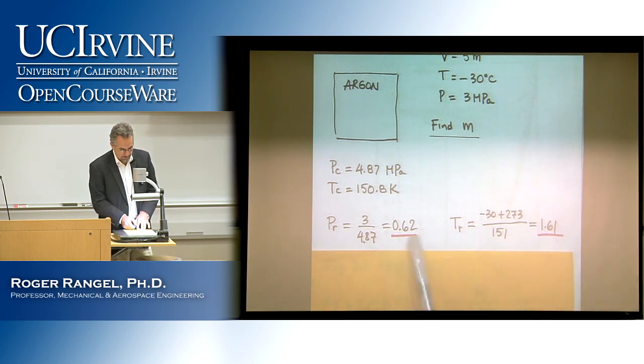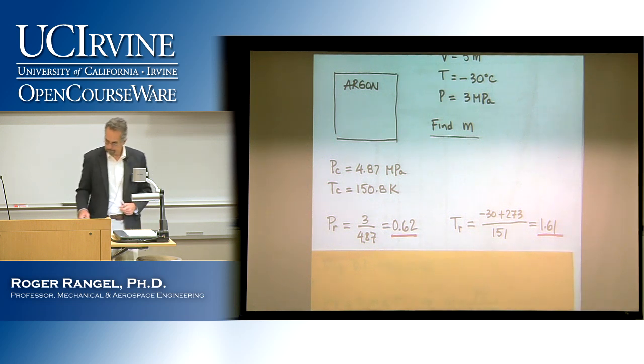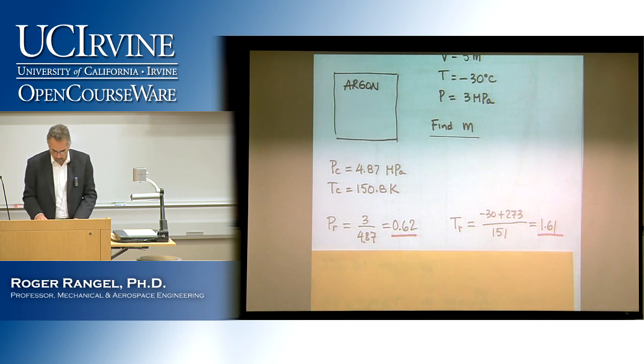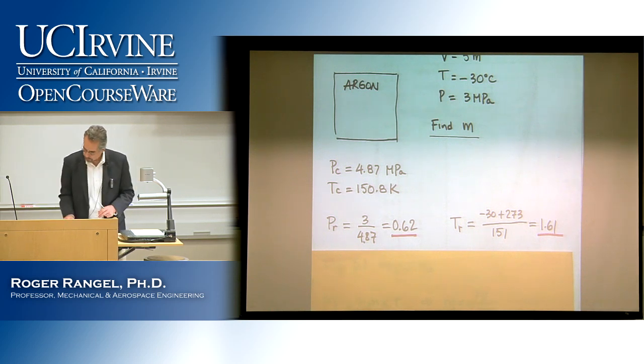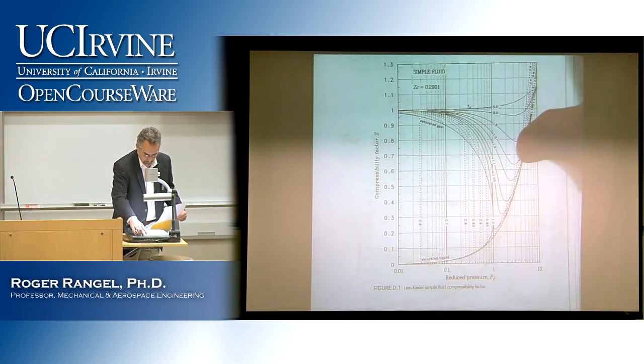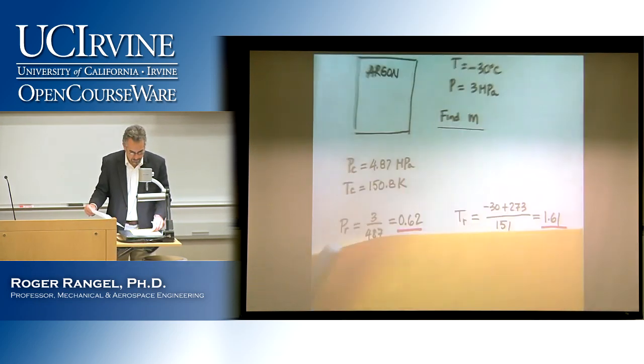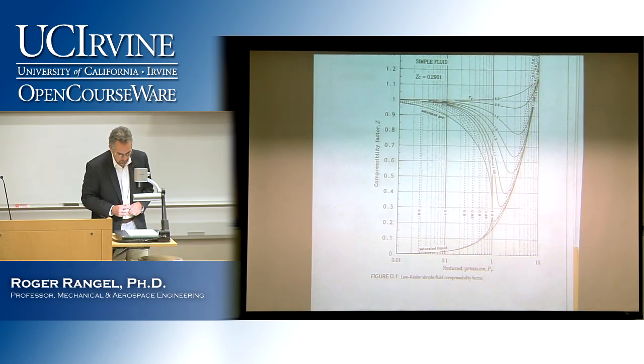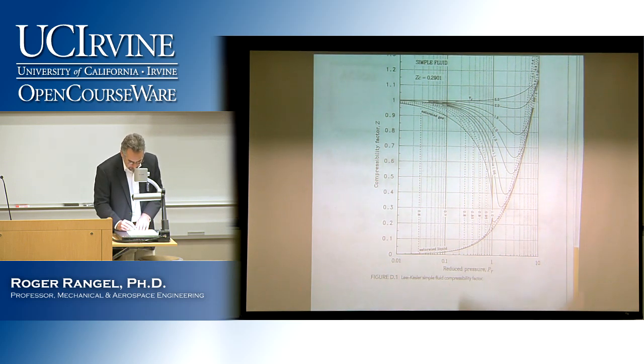So in the end, you have a reduced pressure of 0.62 and a reduced temperature of 1.61. That allows you now to go to the compressibility chart. 0.62 and 1.61. So 0.2, 0.4, 0.6, somewhere around here.